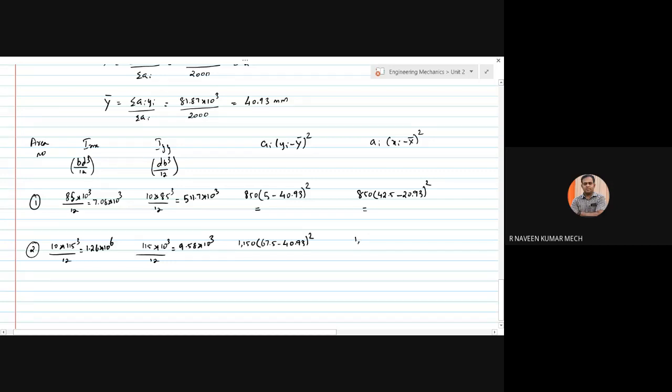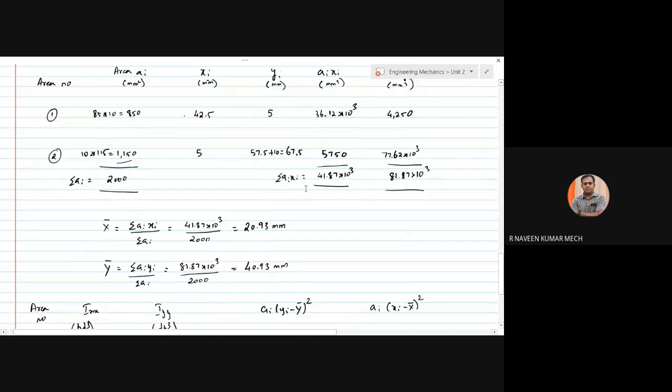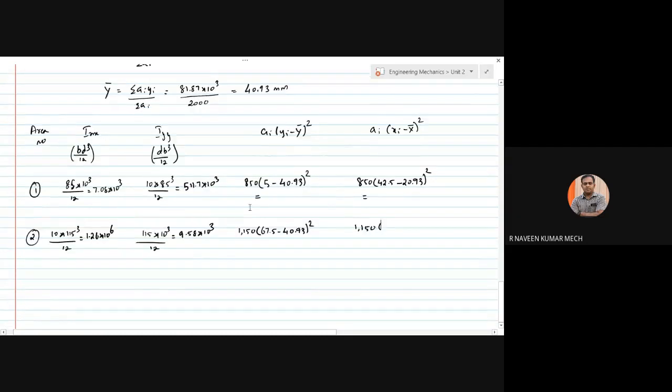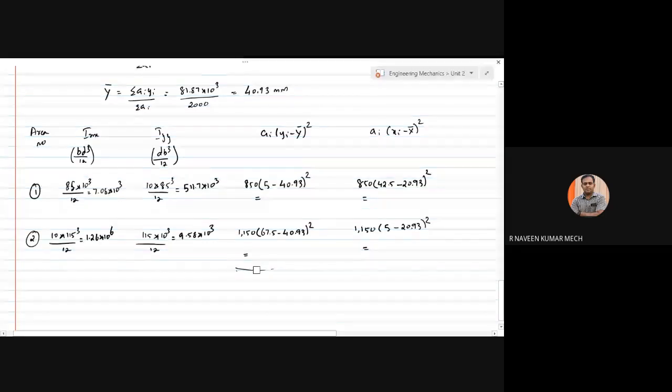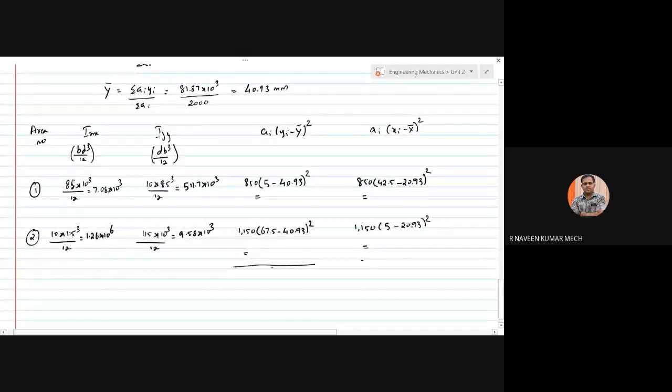Here 1150 into xi is 5 minus x bar 20.93 whole square. Is anyone able to calculate it and tell me the answer?